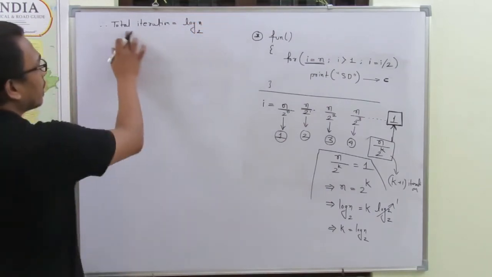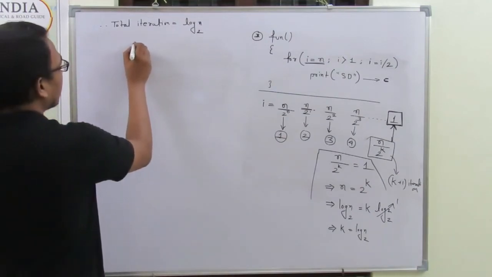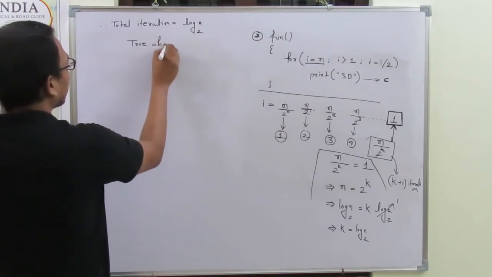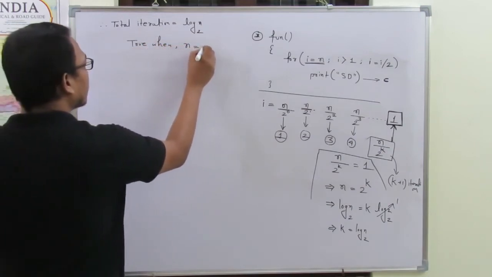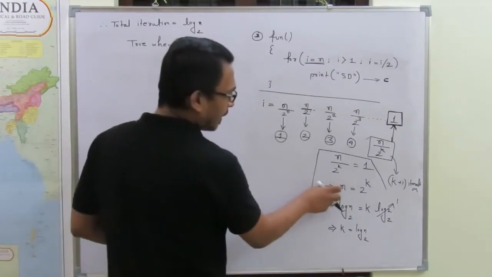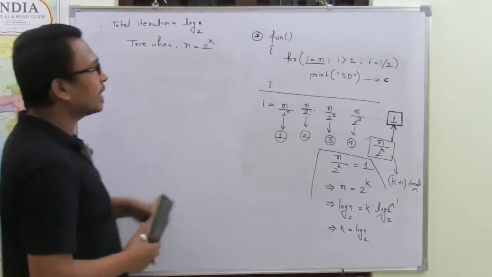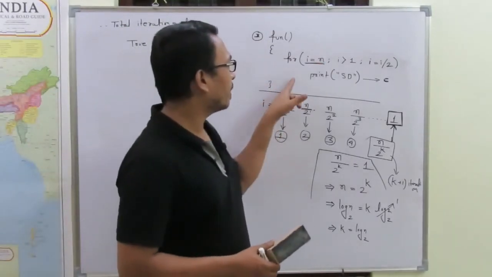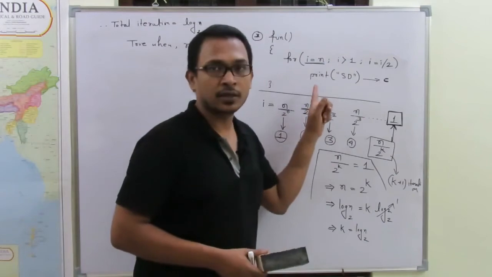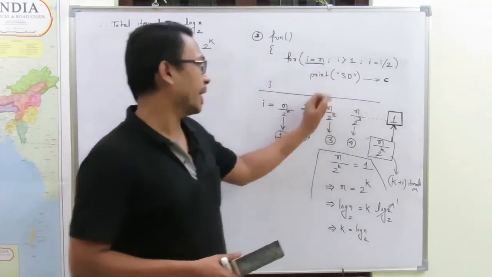Clear? But this is true only when n is equal to 2 to the power k. But is there any restriction on the value of n? No, there is no restriction on the value of n.